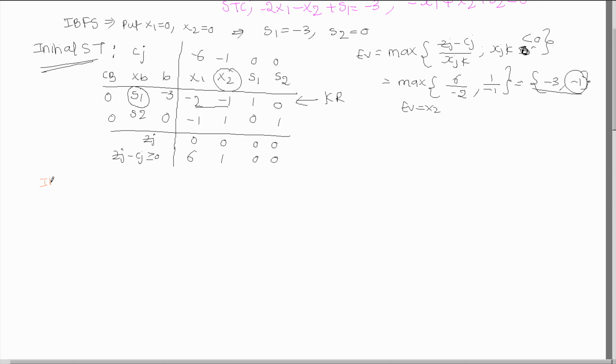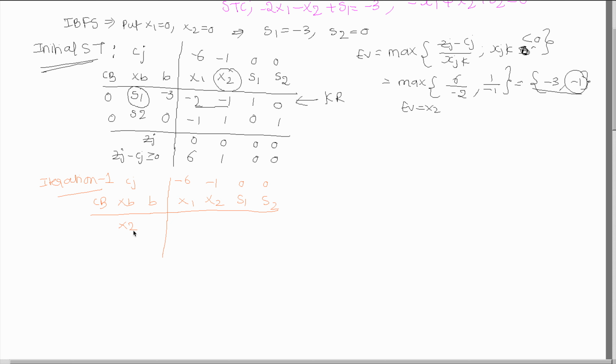Next, iteration table 1: Cj, Cb, Xb, X1, X2. So S1 is the leaving vector, X2 is the entering vector.